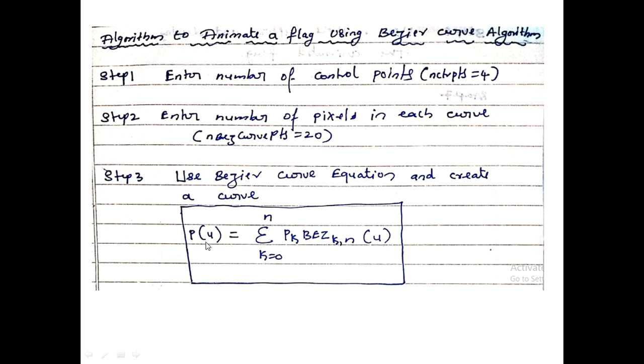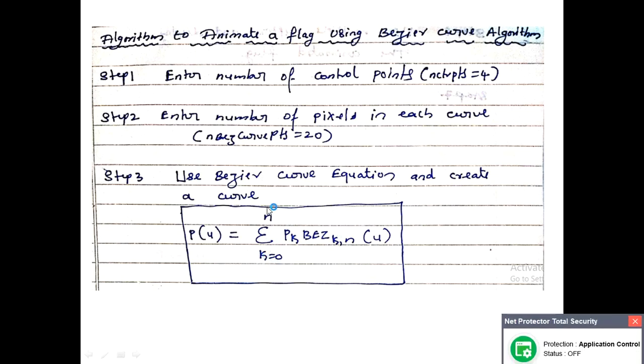So this is the Bezier curve equation. P of u represents the position vector for each control point, and P of u represents the pixel position with respect to that particular curve. We are using the Bezier curve equation where sigma is k equal to 0 to n.